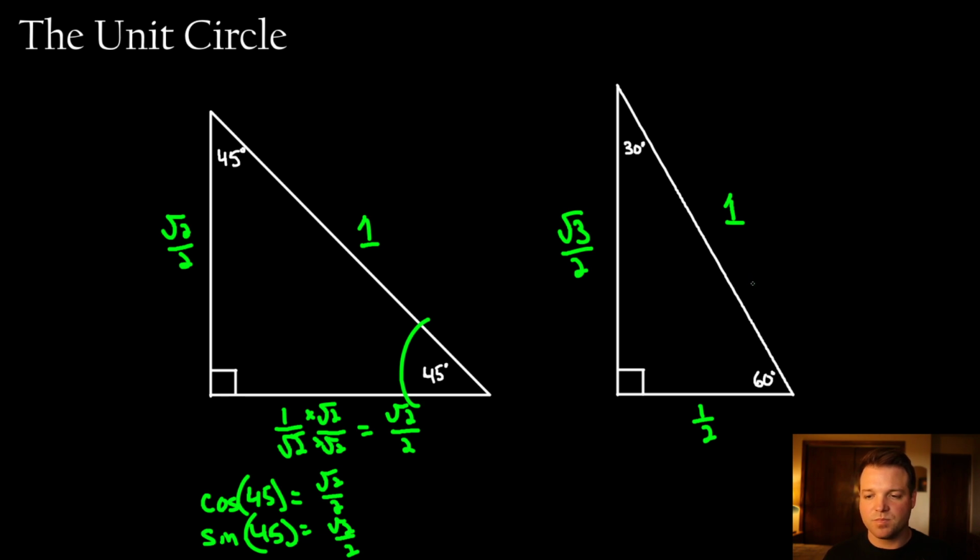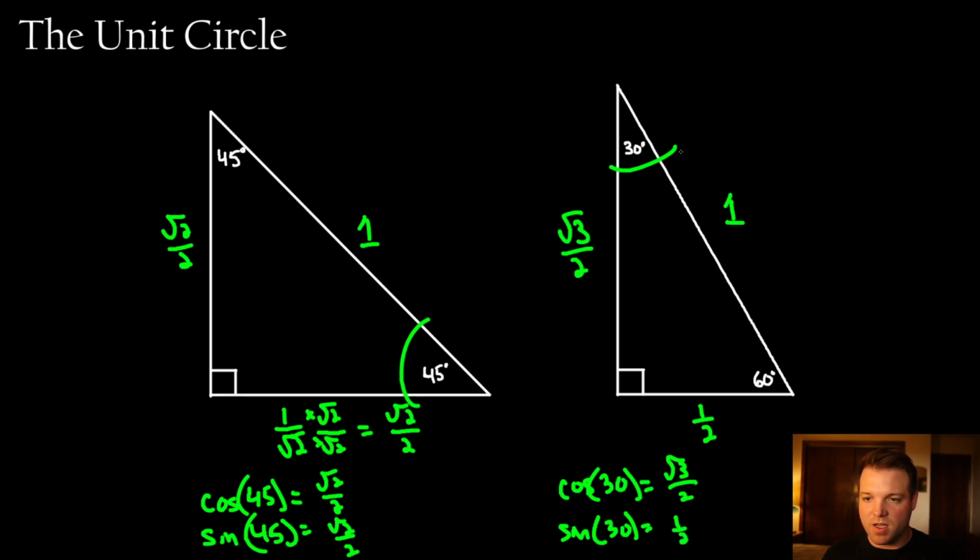Okay? And let's say that my reference angle is 30 degrees. The cosine of 30 degrees is equal to what? Well, that is equal to the adjacent side over the hypotenuse, which is root 3 over 2. The sine of 30 degrees is the opposite, which is 1/2 over 1, so just 1/2.